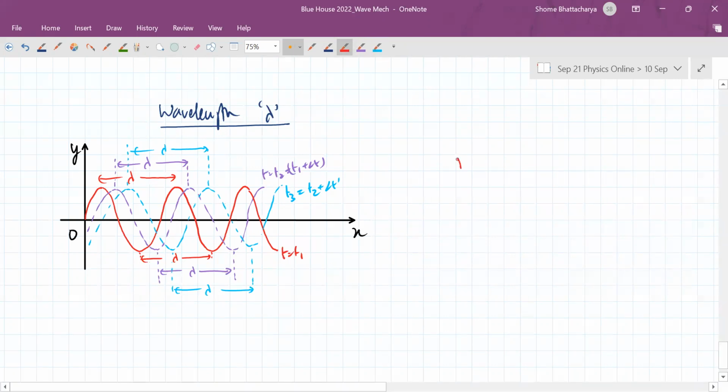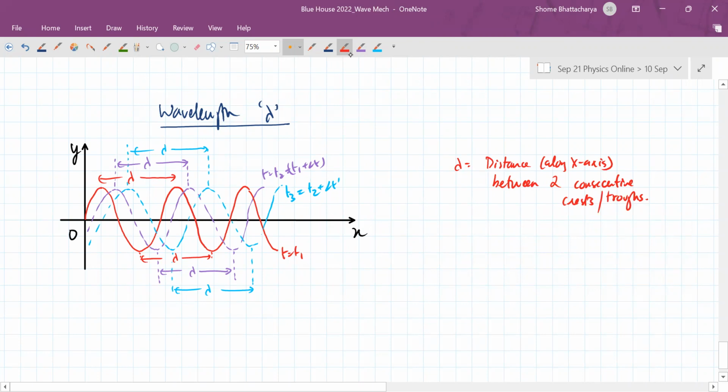So that's one way to define wavelength. That is the distance along the x-axis between two consecutive crests or troughs, like this.